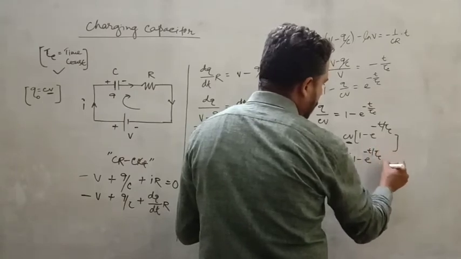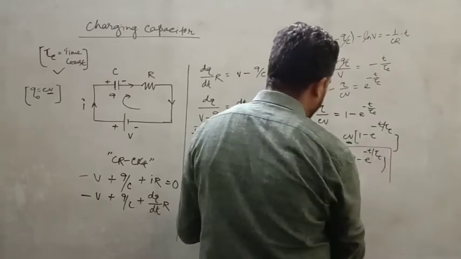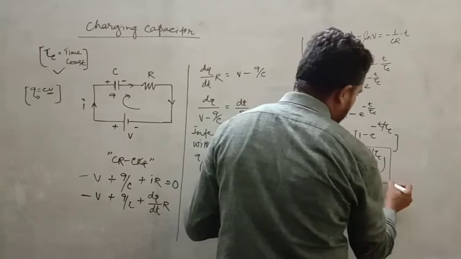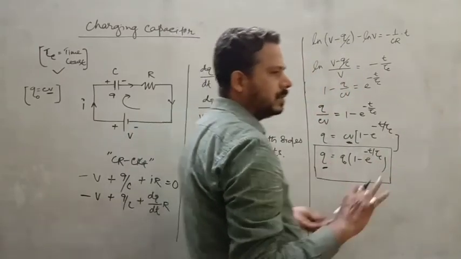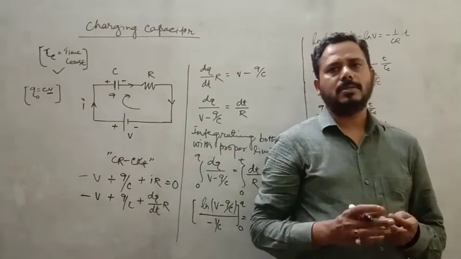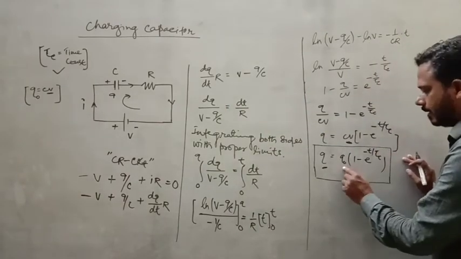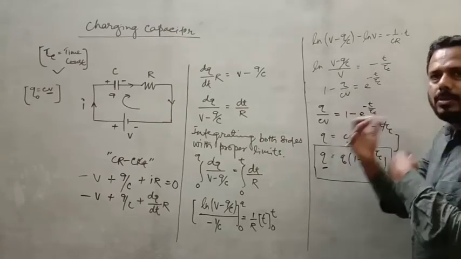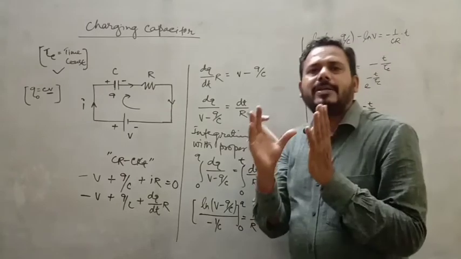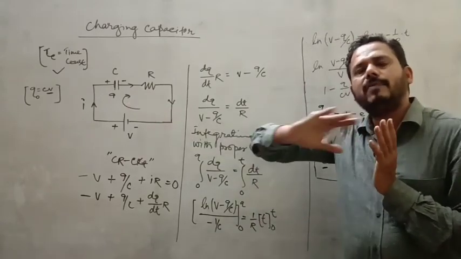So from here you see that after charging you will get this much amount of charge stored on the plates of the capacitor. This one is the maximum charge, the maximum charge that is stored on the plates of the capacitor after a very long time, that is infinite time.